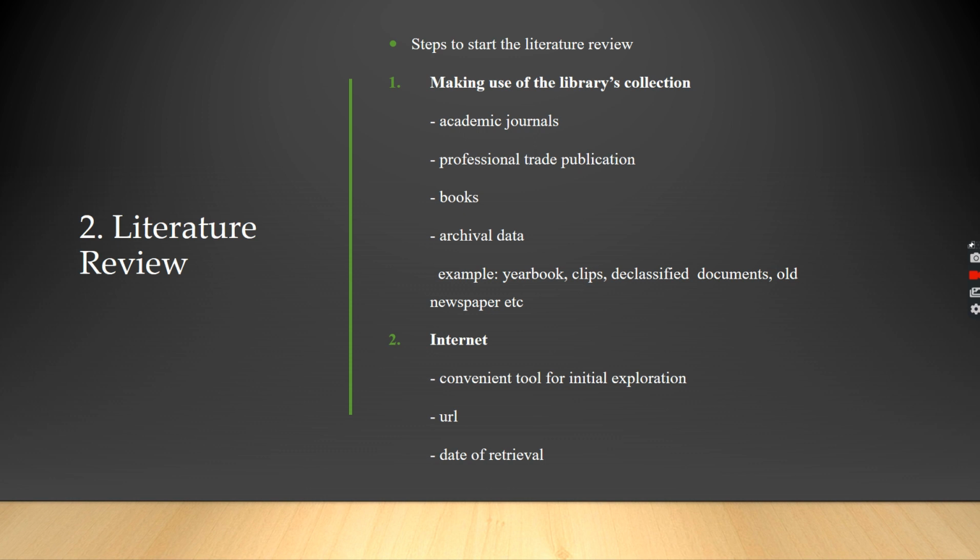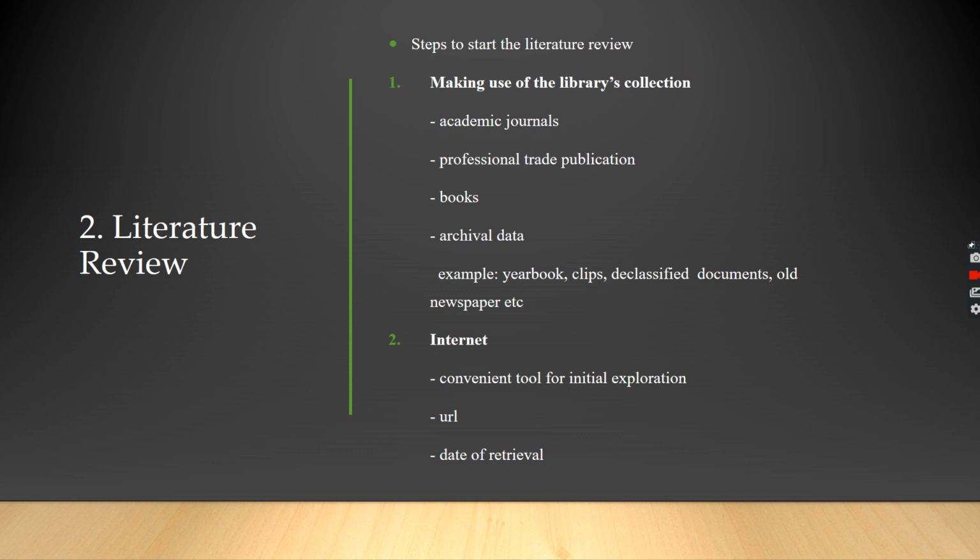Maybe the methodology is different. By going through the previous literature, you may find the existing gaps in the previous research. So from there, you would be able to identify the gap.